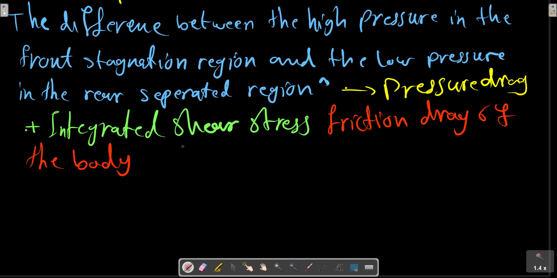Often we have CD equals drag of pressure plus drag of friction.